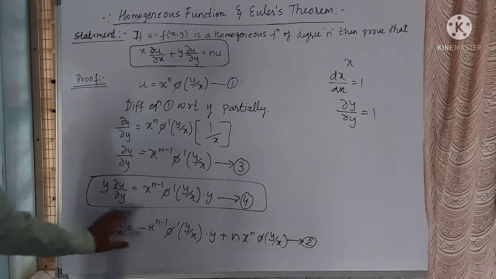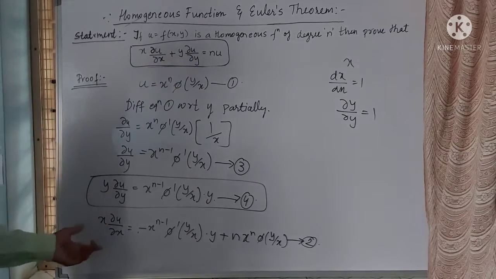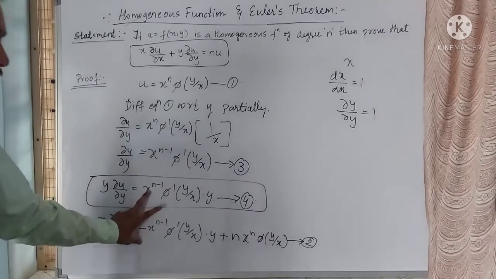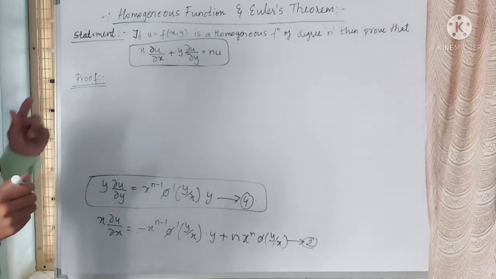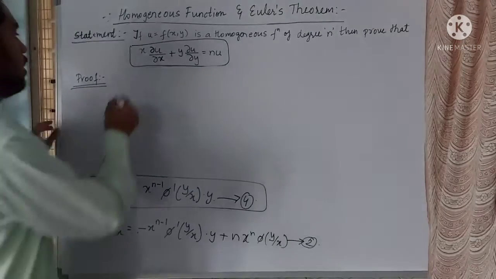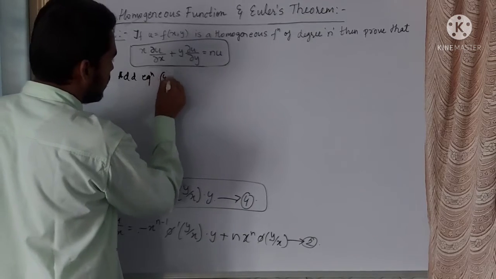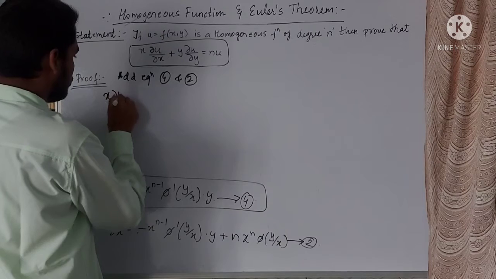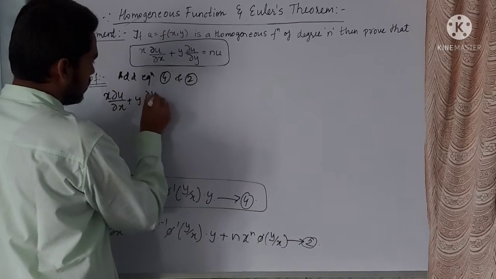Now we are going to add, because these are the terms that should be added: x dou u by dou x plus y dou u by dou y. So equation 2 and 4 should be added. Adding equation 4 and 2, it will be x dou u by dou x plus y dou u by dou y.